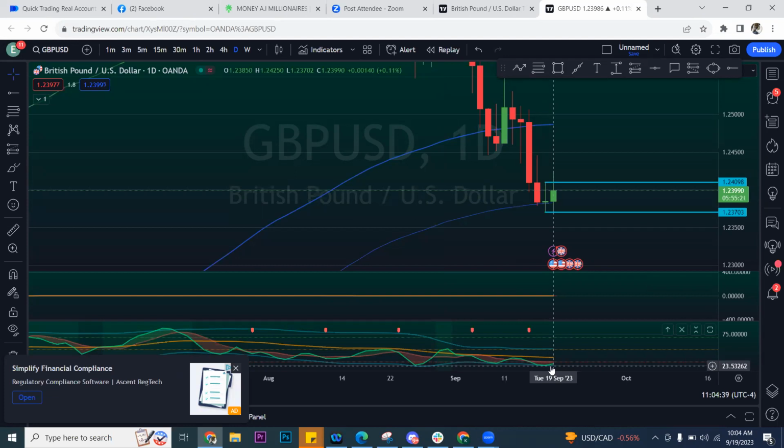My thing is, it's the daily time frame, so it can take days before it gets to its destination, unless you're scalping and you just want a few pieces of the pie, right? So you want to determine how many pips you want to get.